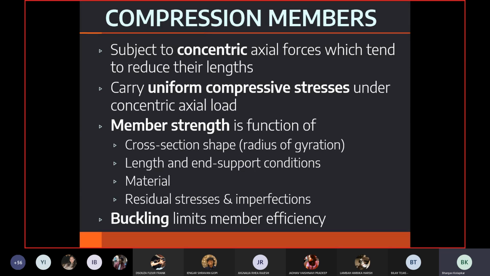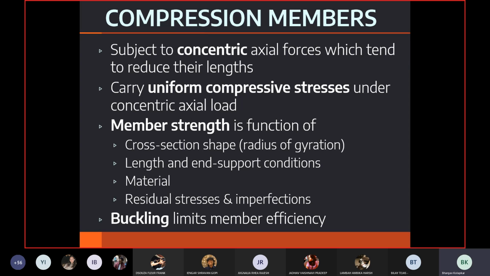It depends upon a number of factors, and it's very difficult to consider all these factors at once and arrive at a perfect number, which is not the case in tension members. There, the end support conditions do not affect it, the length of the member does not affect it, and so on. And to add to this difficulty, there's this phenomenon called buckling.